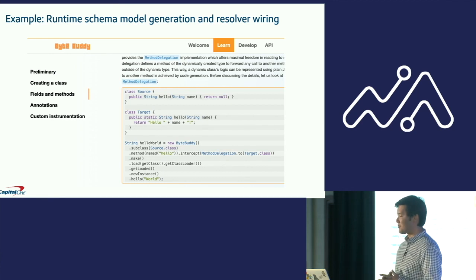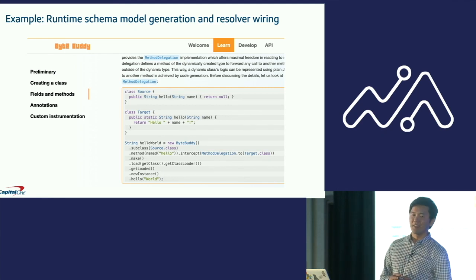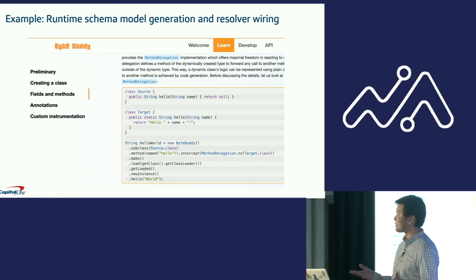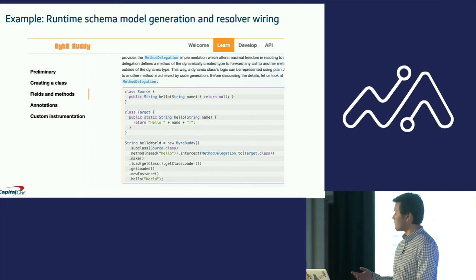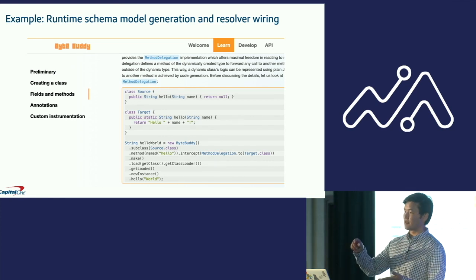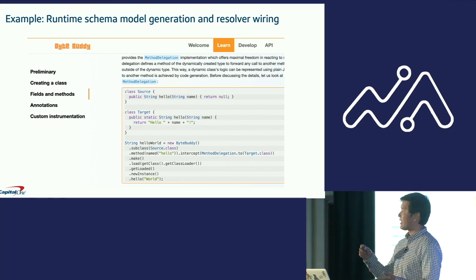Even if you might think that there's no use for this, I suggest checking it out because it's a really cool tool, and it might spark some ideas on interesting new features that you might want to introduce in your Java application. This is what I use to dynamically build the models, or the plain objects that map to the GraphQL fields, and wire them to the resolver implementation during the application runtime.